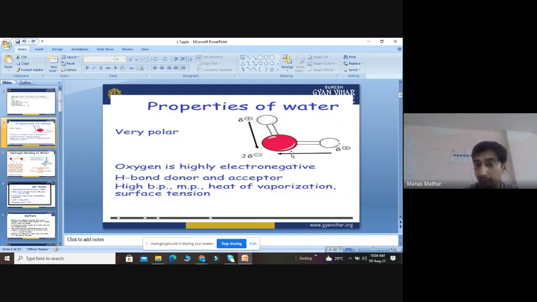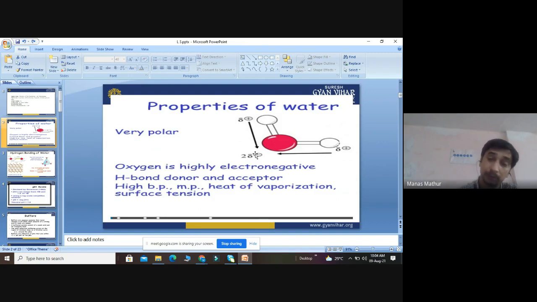See, we can see this figure. These are the two hydrogen atoms and the oxygen atom. They are bonded with each other. One is electropositive, one is electronegative. So oxygen is a highly electronegative element. Why highly electronegative? Because it has a valency of -2.